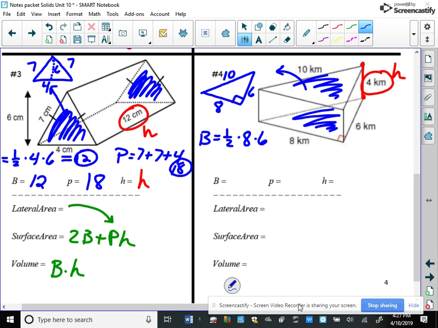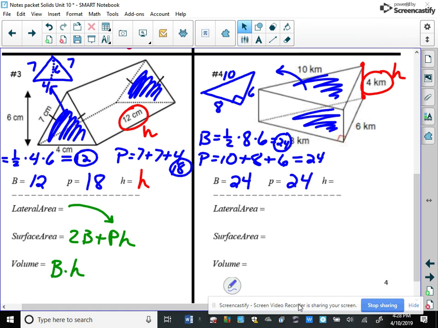So that's 4 times 6, 24. And then the P is all the way around, the perimeter, 10 plus 8 plus 6, which is 24 again. Ooh, that's weird. But it happens. And then the height is 4.